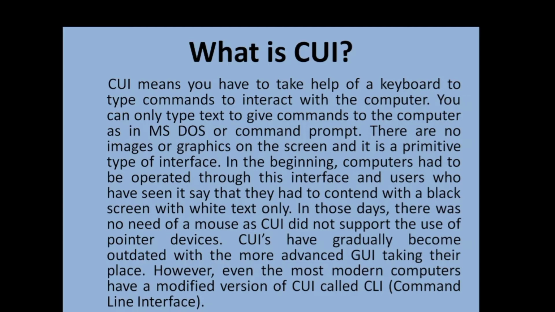The CUI environment doesn't support a pointer device, that is the mouse. It only requires a typing device, the keyboard. CUI gradually became outdated, with the more advanced GUI taking its place as technology grew. Nowadays the era is of the GUI environment.